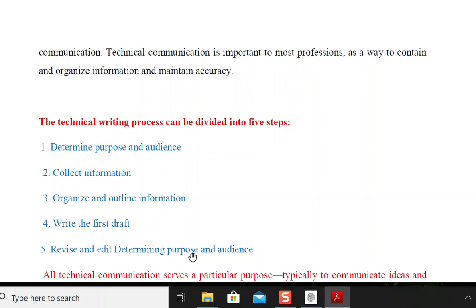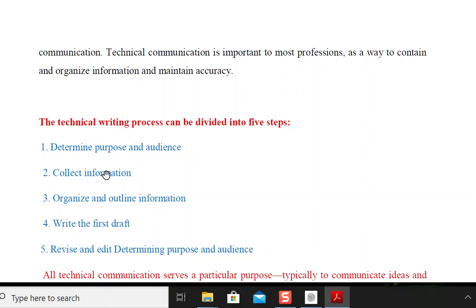In revising we have to reassess the purpose, whether this document qualifies the purpose, and whether it meets the standard interest and need of the audience or not.